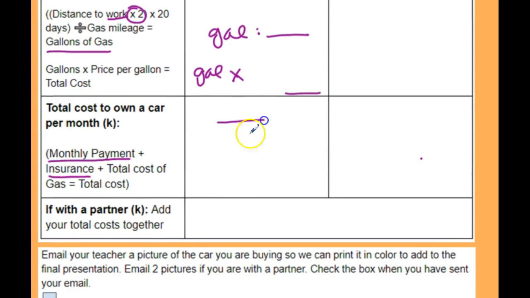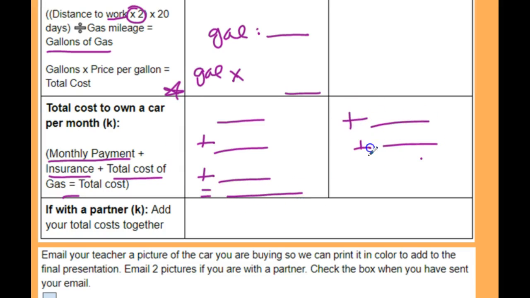So you'll have this number plus the total cost of gas, which you just calculated down here. So those three equal a total. Add up those 3 numbers, and you'll have a total. And then if you have a partner, you're simply adding those together to figure out how much those 2 cars are going to cost you for your monthly payment, your insurance, and your gas in 1 month.